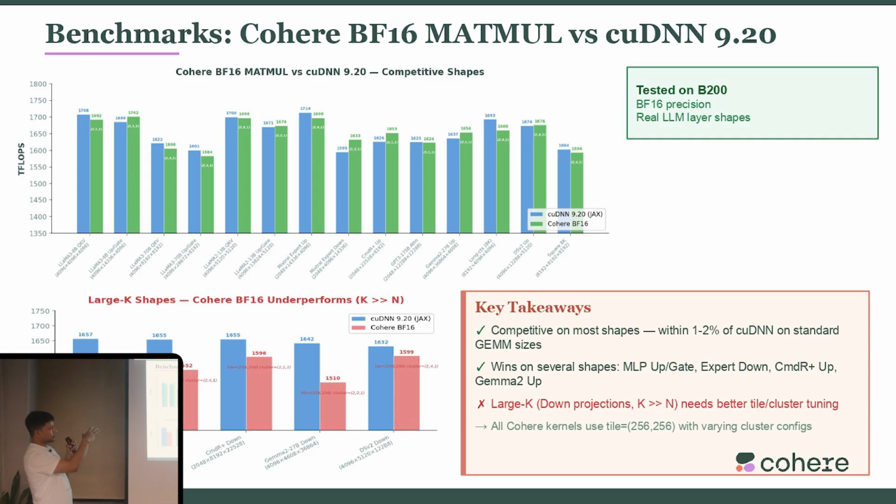The thing over here is we are beating cuBLAS in some of the shapes, which is pretty good. But the problem happens when we have a very big K. In that case, you need to distribute the K dimension across SMs as well, and we don't use something called stream-K, which actually does this.